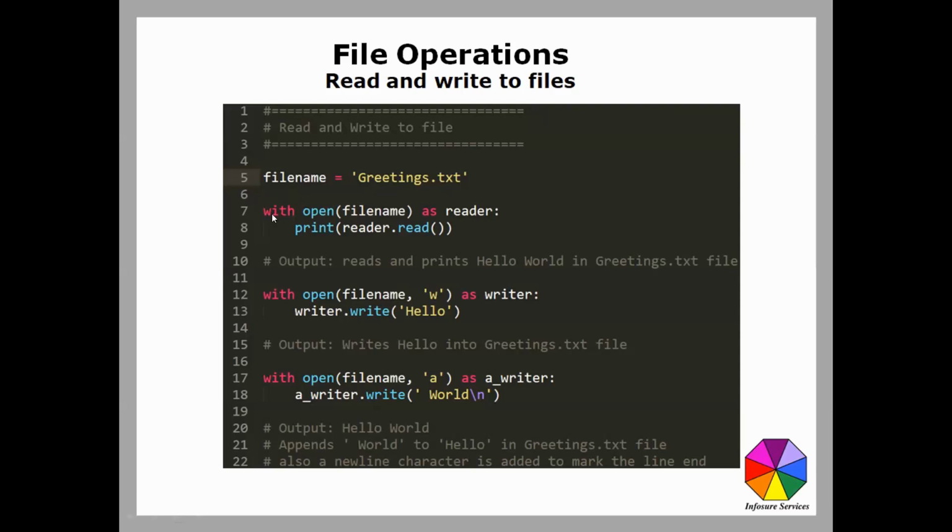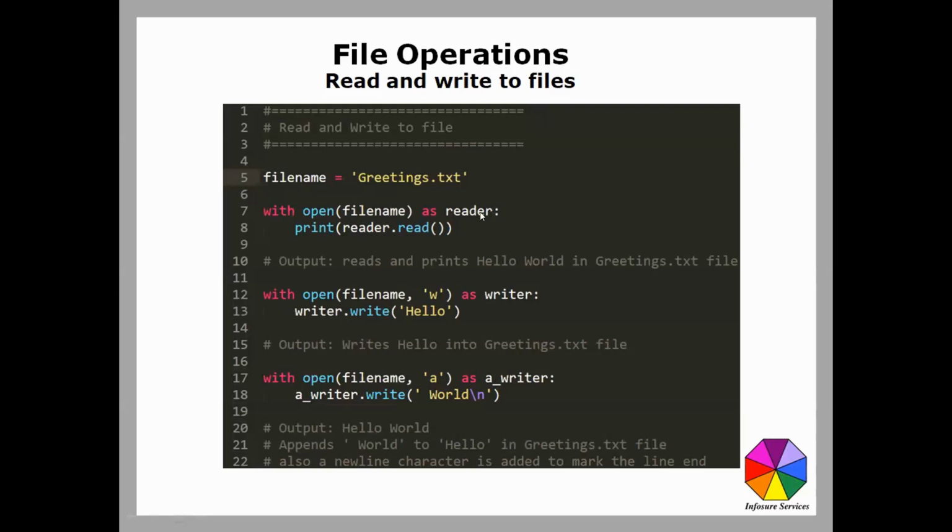Then: with open, within brackets file name, as reader. Here, reader is an alias. This syntax allows you to open this file name, and the whole open file name is given a handle called reader.